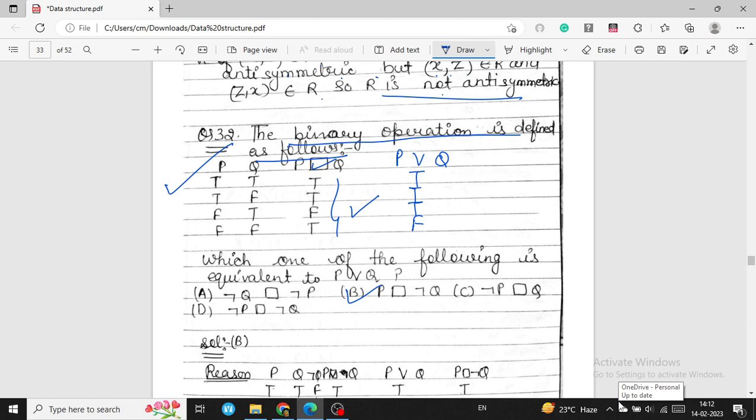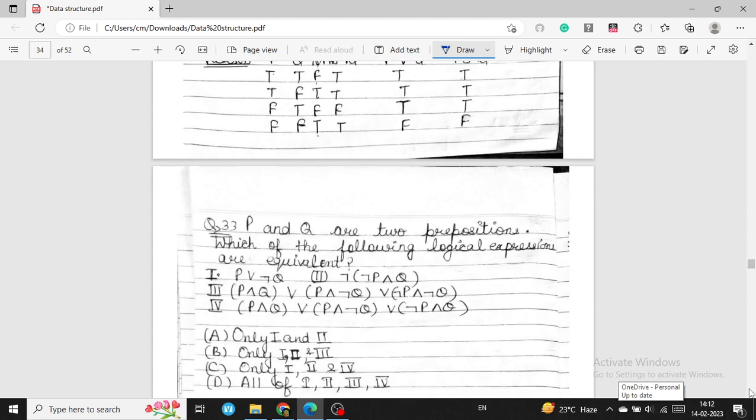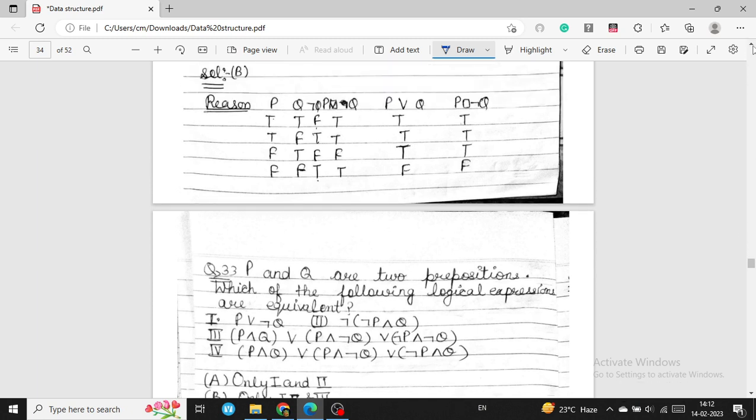How? You can prove it below. You can see not Q implies P, which gives P or Q, this is the result. When we take P, not Q, then the result will also be the same. P, not Q: true, false gives true; true, true gives true; false, false gives false.